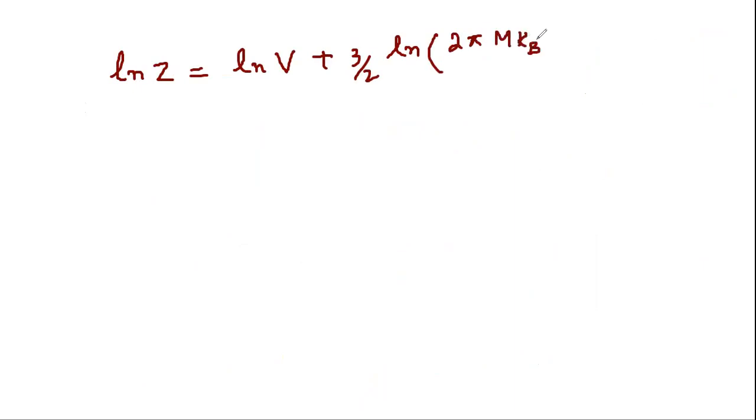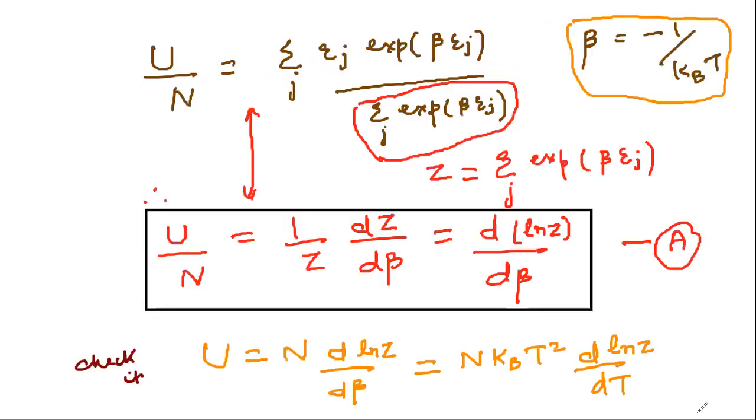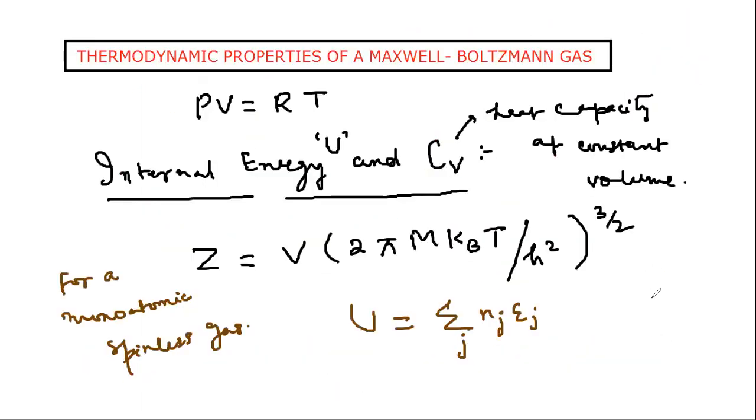Our ln Z is ln of V plus 3 by 2 ln of (2 pi m k_B T by h squared). ln V plus 3 by 2 ln (2 pi m k_B T by h squared), where we have used our expression for Z, which I told you at the start.